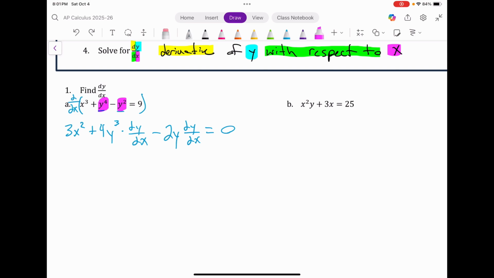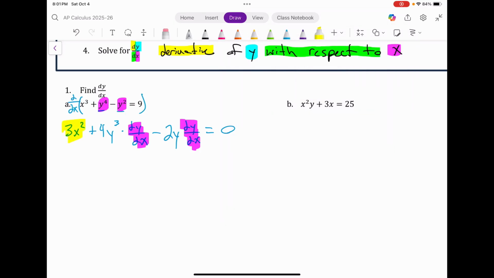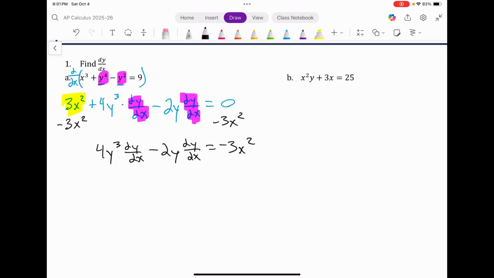So the next step to do in implicit differentiation is to get all the terms with dy dx on one side of the equals and everything else on the other side of the equals. So in this case, we have 3x squared that we need to move over. Okay, so how do we do that? Subtract 3x squared from both sides. All right, so we're left with 4y cubed dy dx minus 2y dy dx. Okay, so at this point, you want to factor out the dy dx, right?